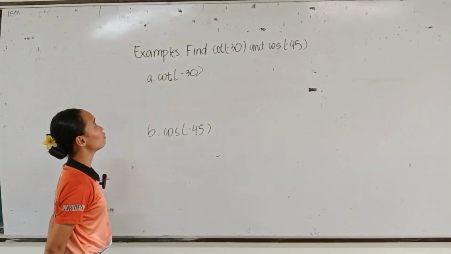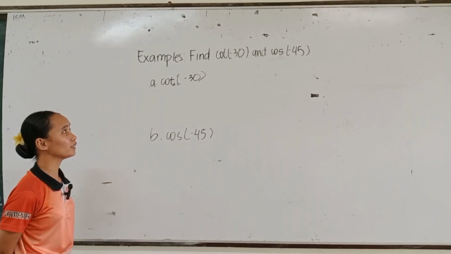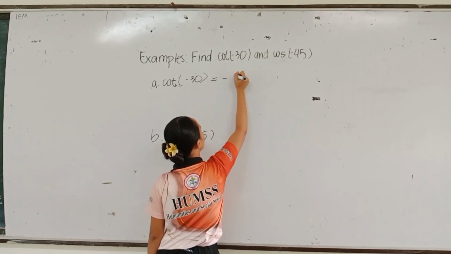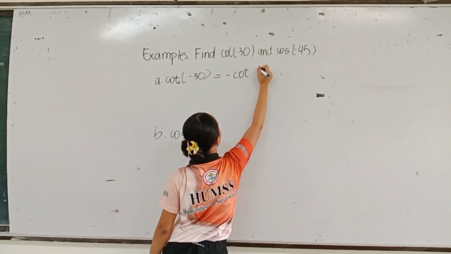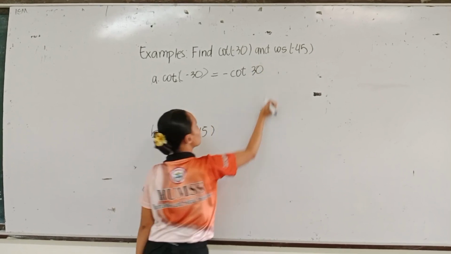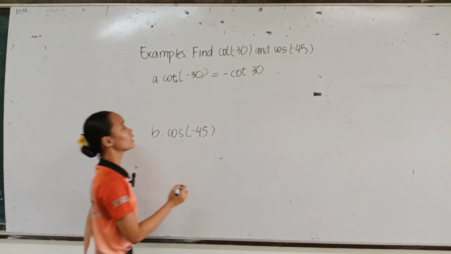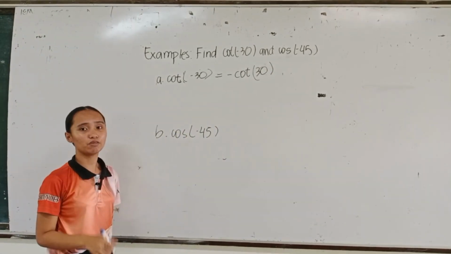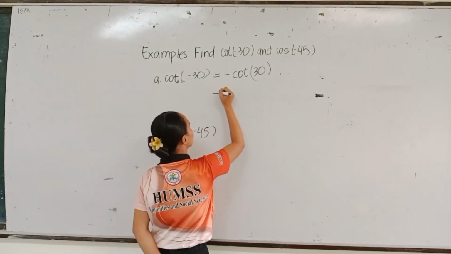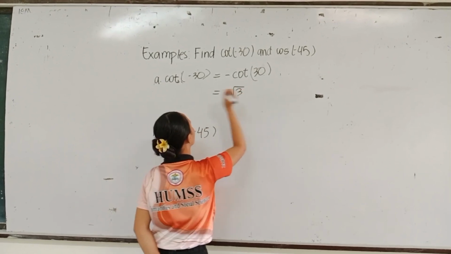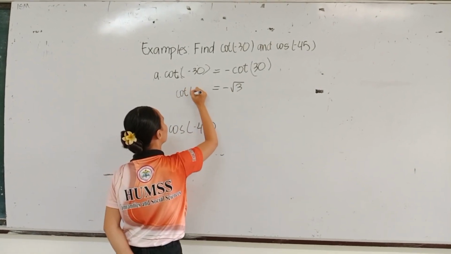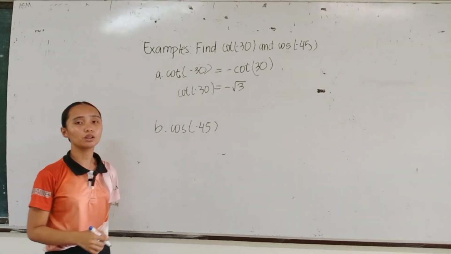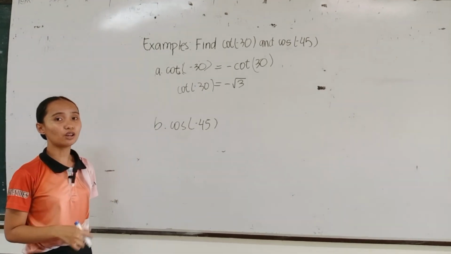For examples, find the cotangent of negative 30 and the cosine of negative 45. So the first one, we use the odd identity. The next is to evaluate this. Therefore, the cotangent of negative 30 is equal to negative square root of 3.